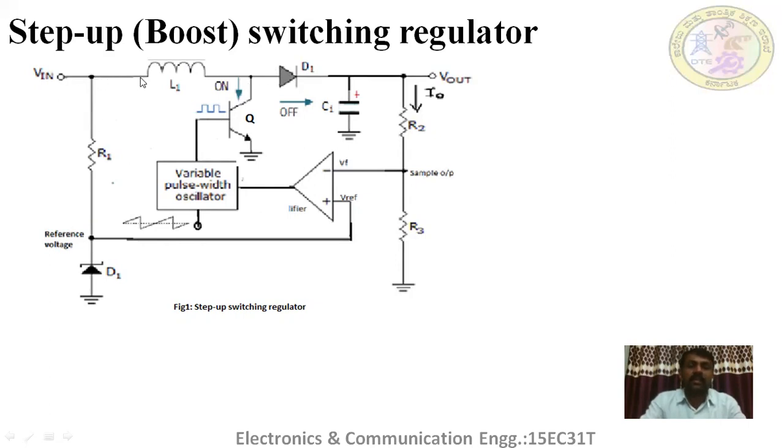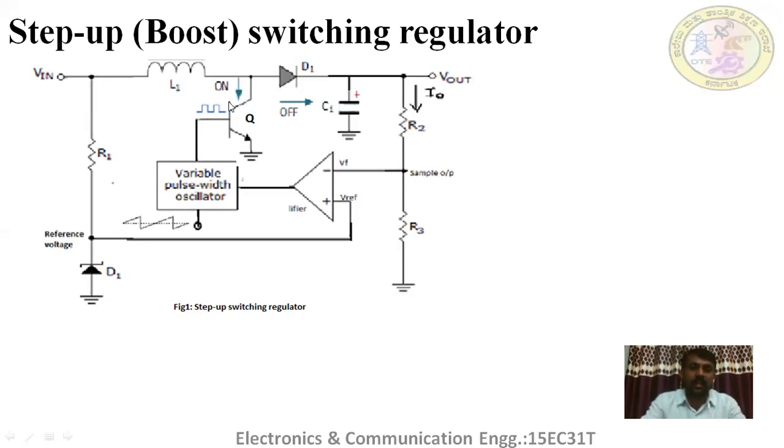When the current starts to flow through the inductor, it starts to charge with the polarity positive at its left and negative at the other end, and it stores energy until the switch is on.